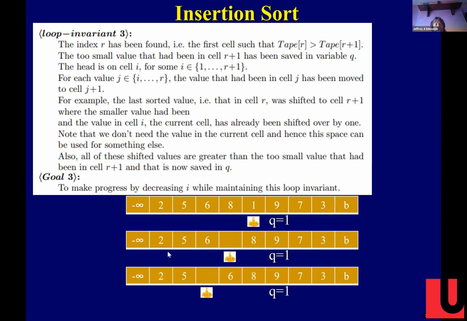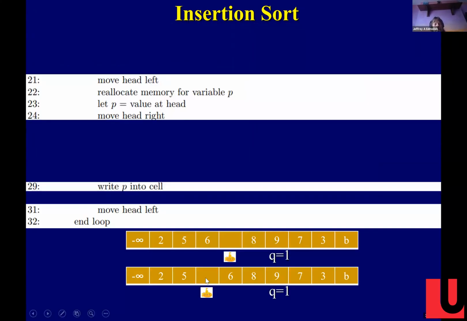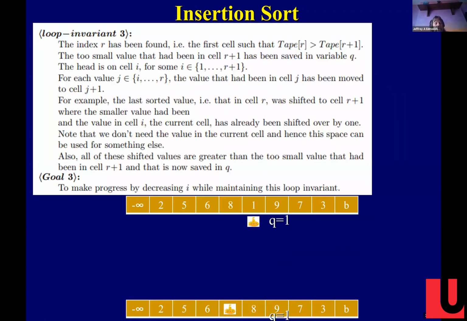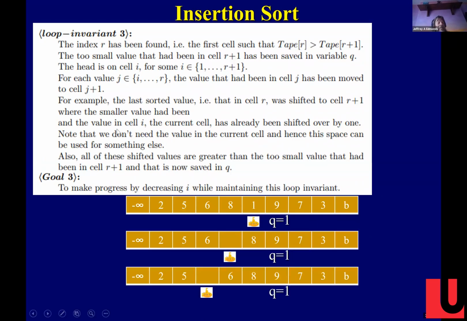And when we go further, the 6 gets shifted over and leaves a space. Everybody see what we're doing here? So that's what the loop invariant says: everybody that was from I to R shifted right, leaving a blank at spot I where the head is.